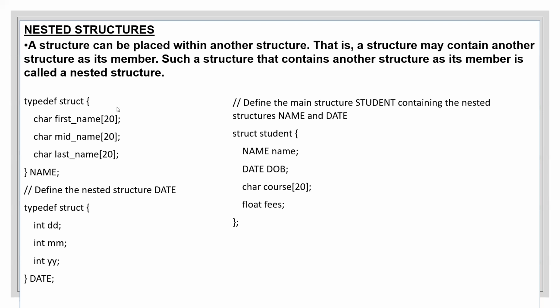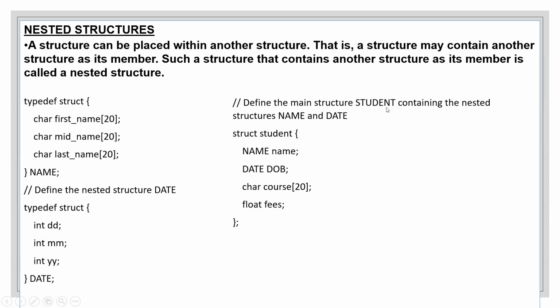We can define the structure like this as well. If we are using typedef, we can define the structure in this manner. So typedef struct name and date, which represent the name and date of birth.